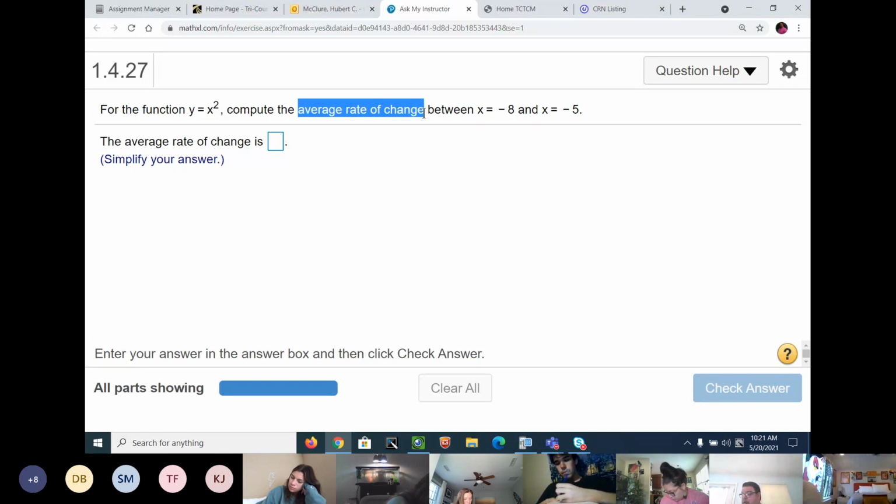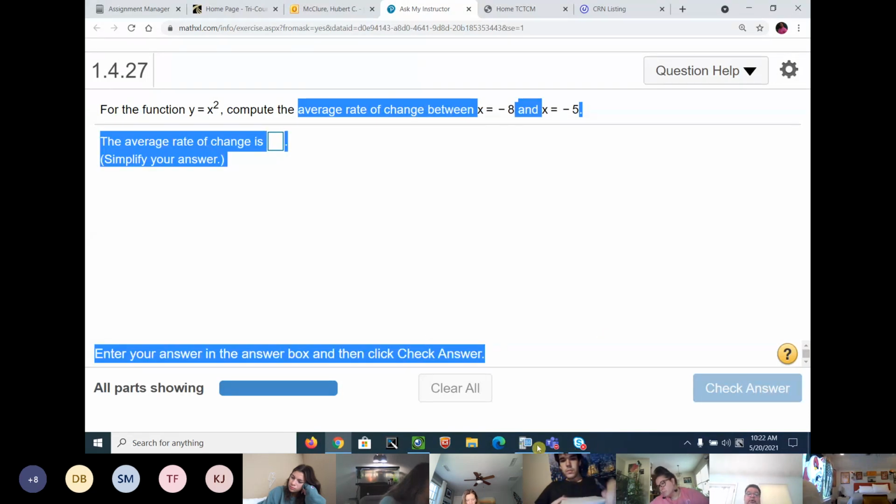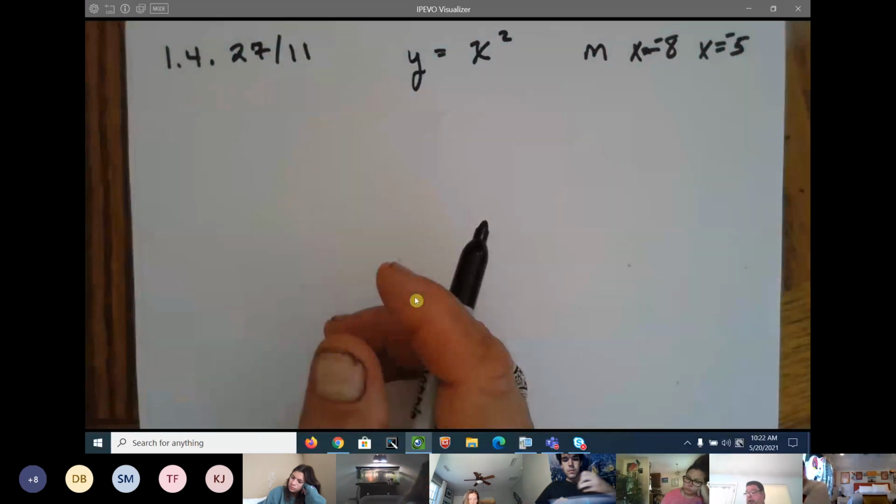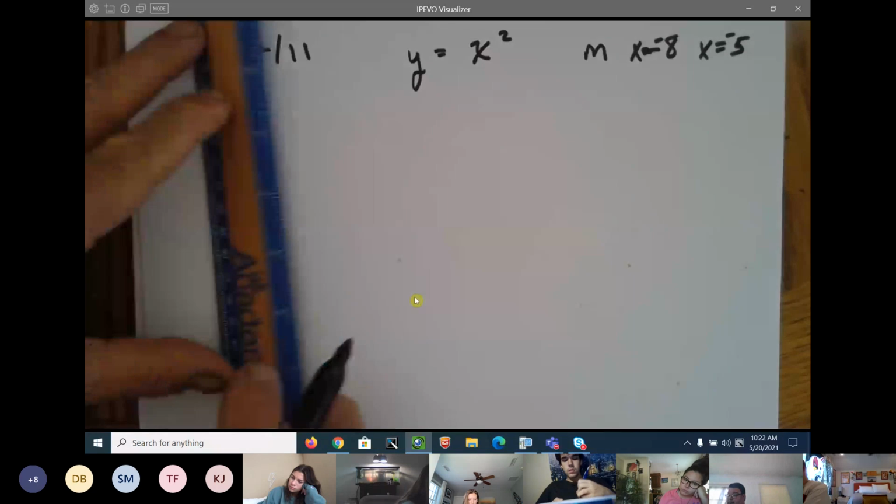So y is equal to x squared, and we want to find the slope from x = -8 to x = -5. I think that's what they want. So I'm going to draw it because we all know what x squared looks like. It looks like a parabola.